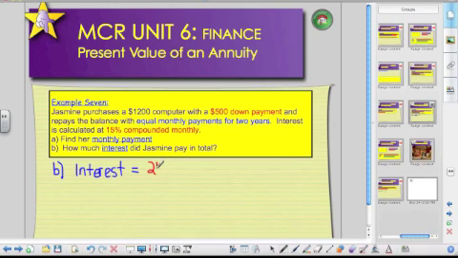So 24 multiplied by the amount of R, and we have to subtract from 24R the present value of the computer. Now remember, the present value of the computer is going to be $1,200 minus $500 down payment, so my present value is going to be $700.